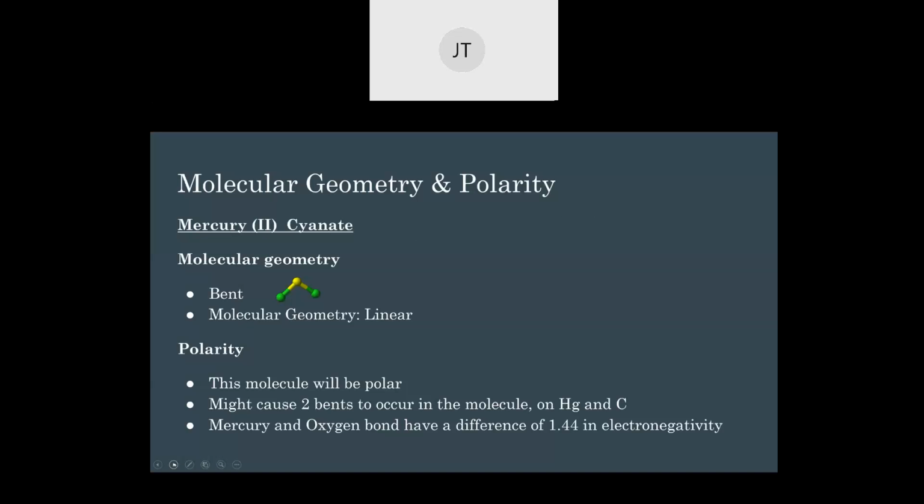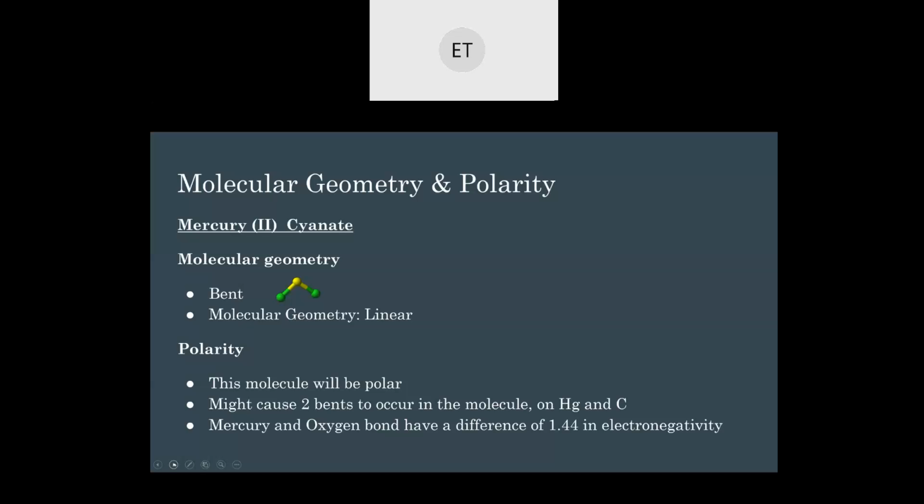Okay, so now we're going to talk about the molecular geometry and polarity. So both cyanate and fulminate will be bent molecules, but the difference is that cyanate might have 2 bends, which we don't know if it's sure due to lack of information, but some sources say that they are bent.